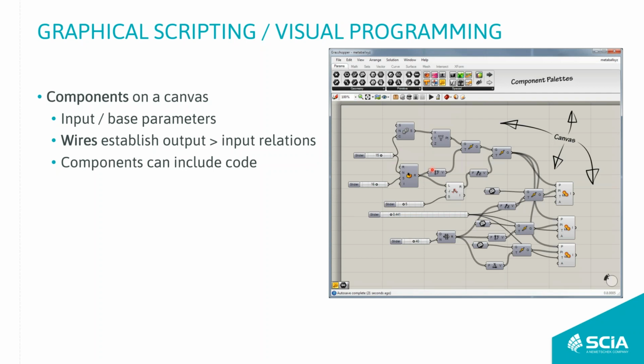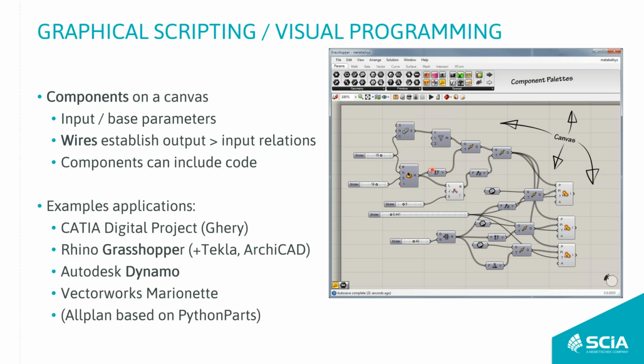Most of the tools which are capable of visual programming also contain some components which can include code in Visual Basic, Visual .NET, etc. Some examples of these applications I already mentioned: Grasshopper, which is part of Rhino.